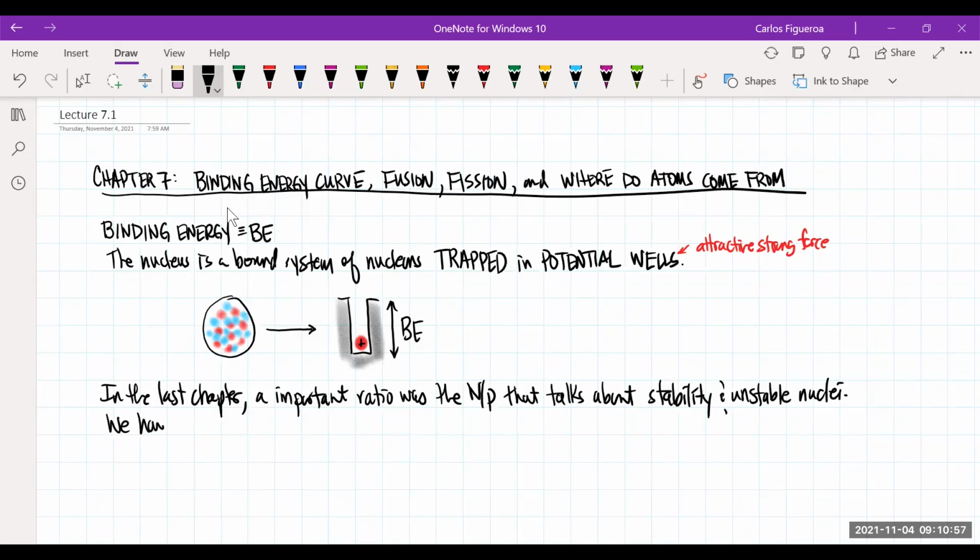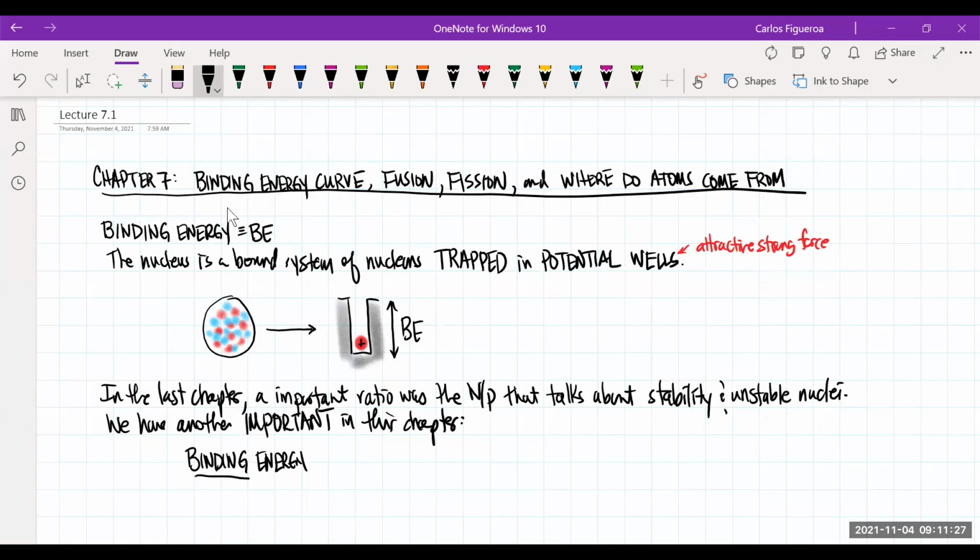We have another important ratio in this chapter. And this is another way to compare nuclei. This is known as the binding energy.